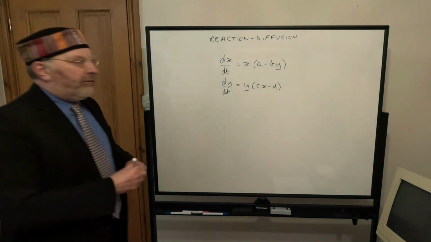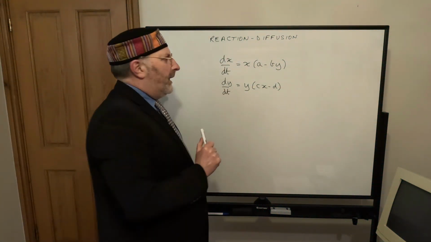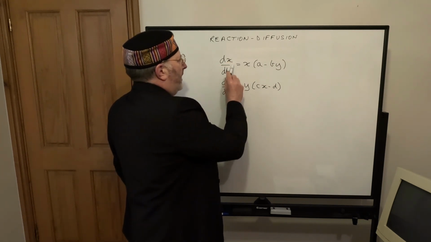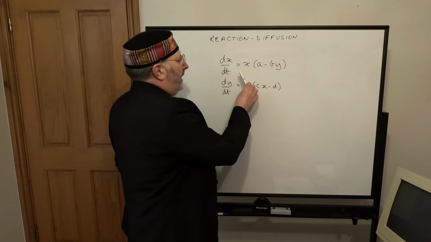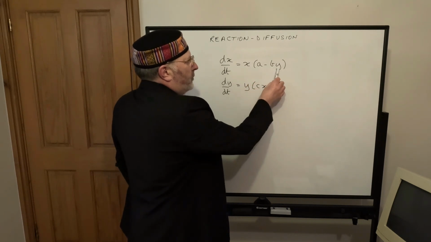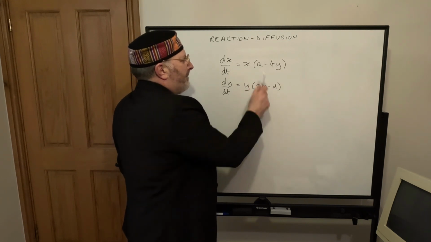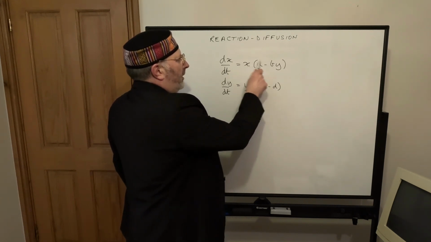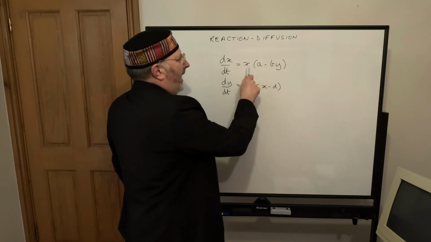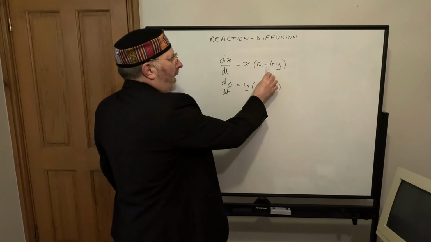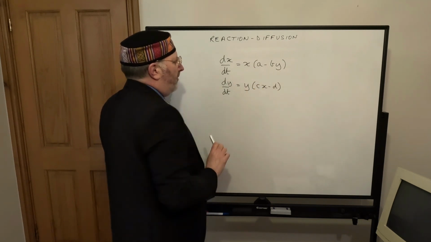Okay, so that's the standard Lotka-Volterra predator-prey equations. Here x is the prey, so the rate of increase of the prey is reduced by the number of predators, y. So it tends to increase exponentially with ax, but it's then reduced by the predators according to this term, minus bxy.